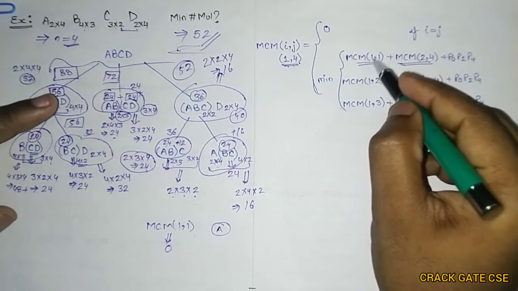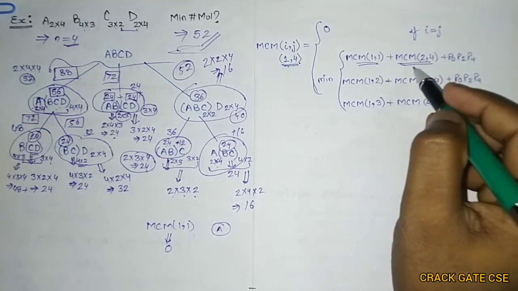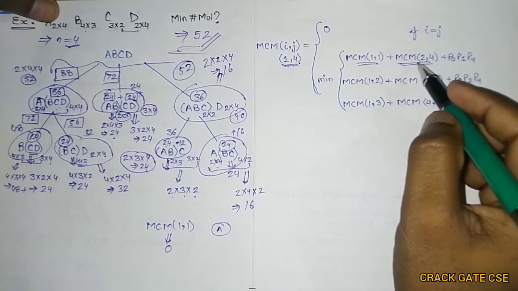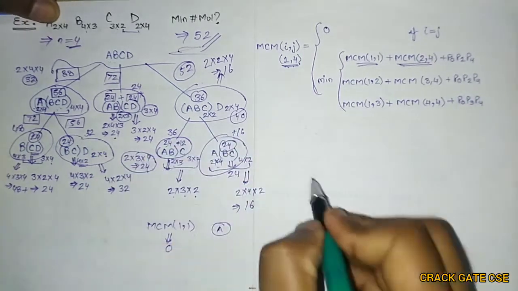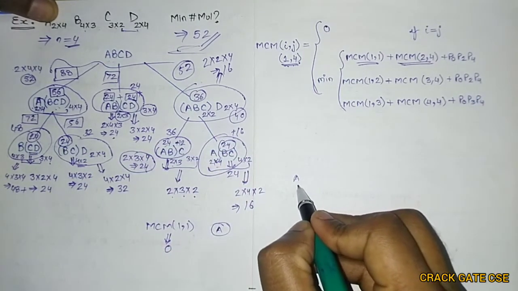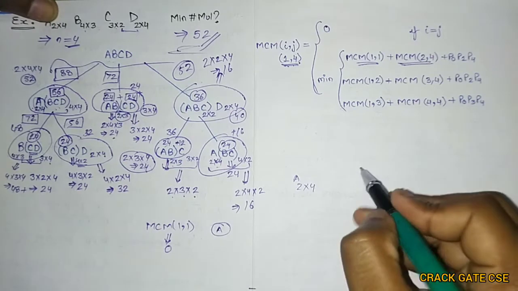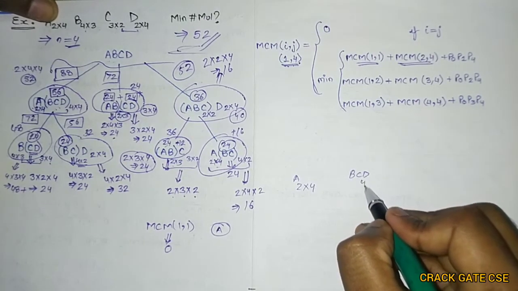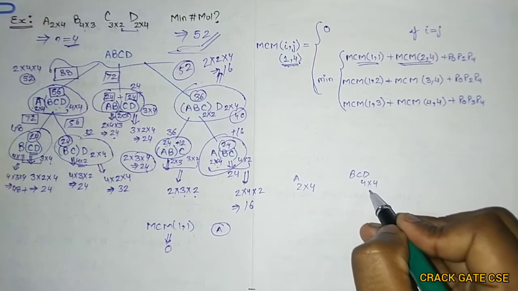Now once I got some values for this, some values for this, you can see that for A the dimension was 2 comma 4. For B, C, D I got the dimension as 4 comma 4 after solving.